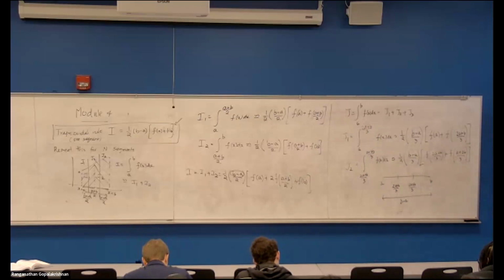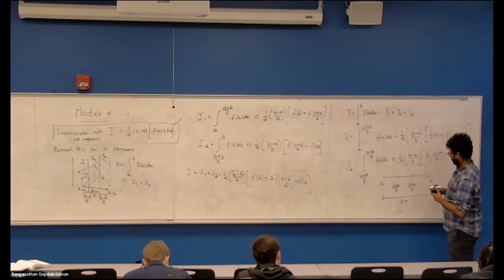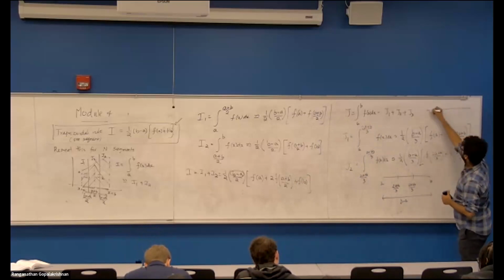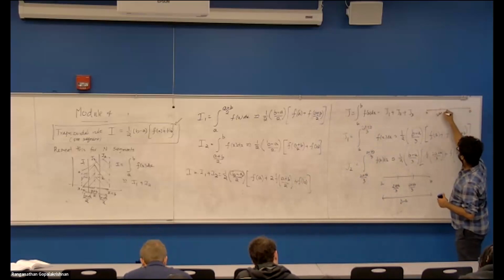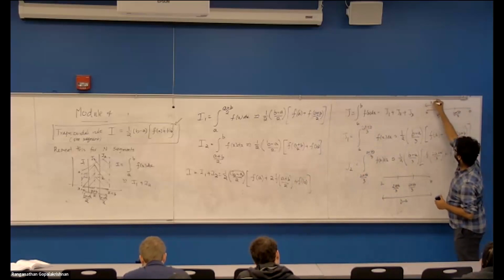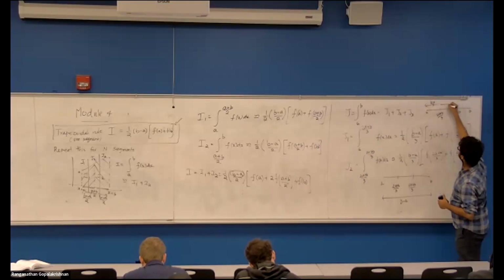So you can similarly do J3. I'll redraw this here: a, b, 2a plus b over 3, a plus 2b over 3, and each segment is (b minus a) over 3.